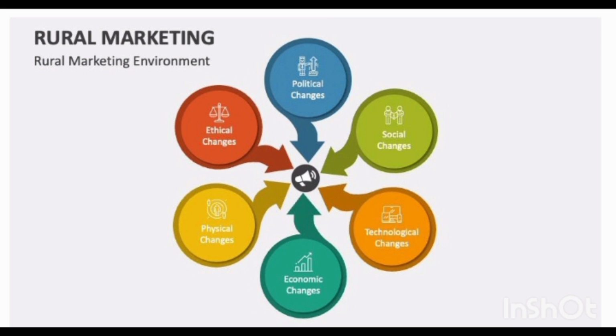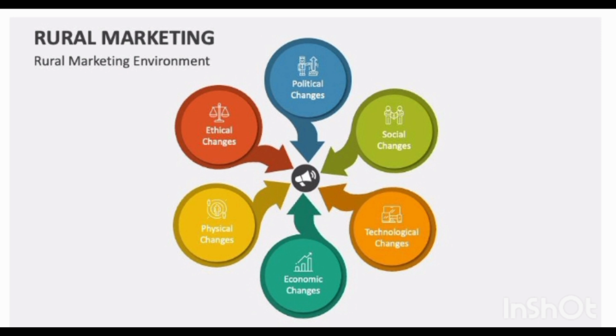4. Social changes. The social fabric of rural India is evolving. Changes in consumer behavior, influenced by culture, reference groups, and media, are notable. While traditional values remain strong, exposure to urban lifestyles and education is leading to new aspirations and demands. Marketers must adapt their strategies to address these unique socio-economic profiles and changing consumer mindsets. 5.